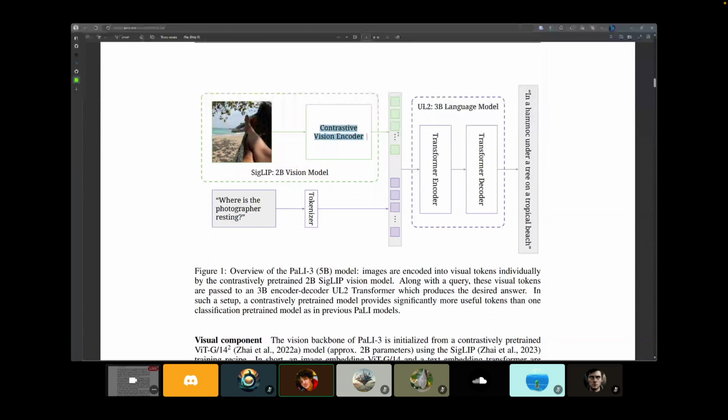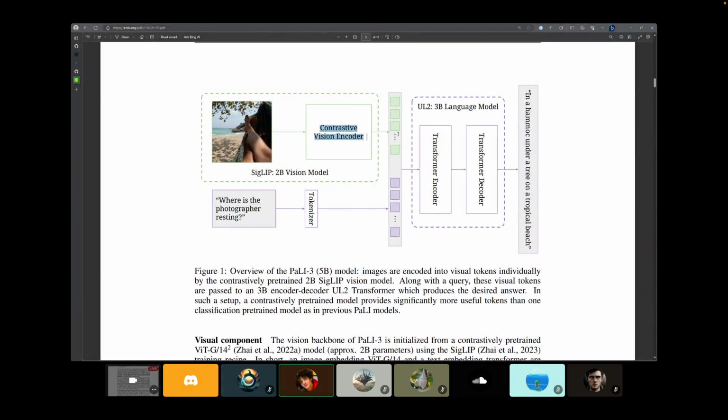So it would have to know both where is the photographer resting in text. It would have to know what that means. And it would also have to understand the image. It would have to see there's a beach, there's feet. What are feet? What are humans? And then what is the beach? What is a rock? What is a hammock? It would have to know these things.